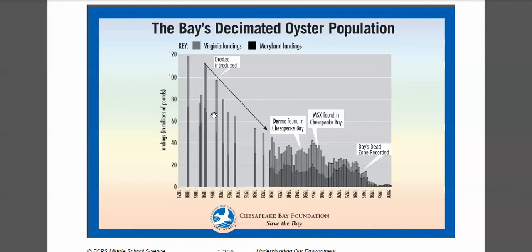The other thing I noticed is that Virginia consistently harvests a lot more than Maryland does until you get down here after the dead zones were recorded. And I wonder if that has to do with a change in regulations and in how much could be harvested and was allowed to be harvested in particular regions.